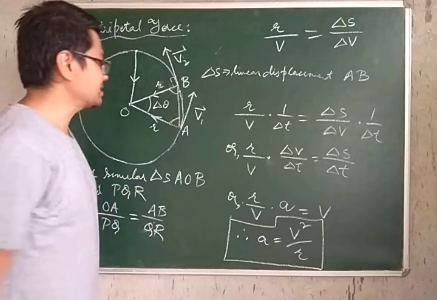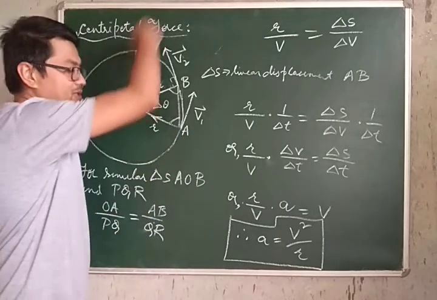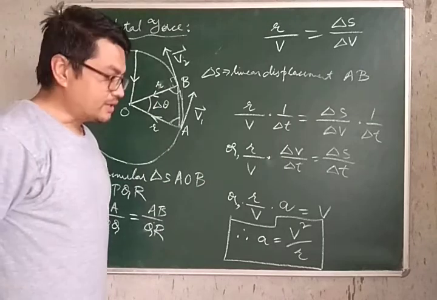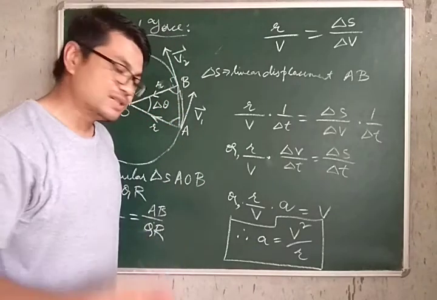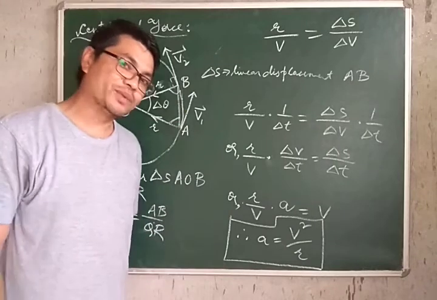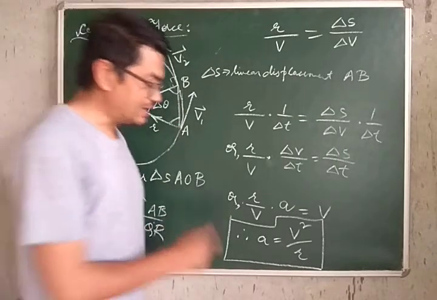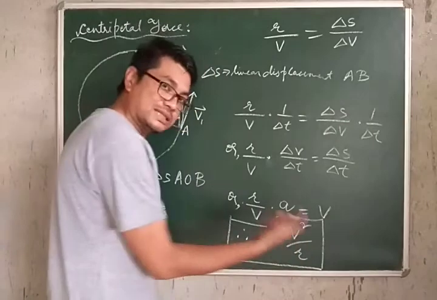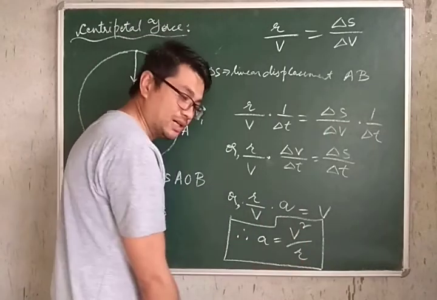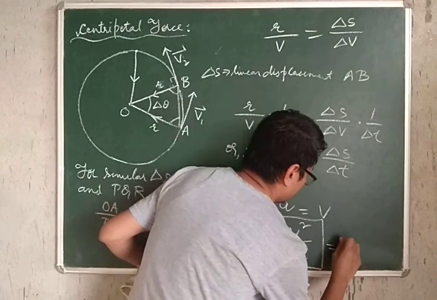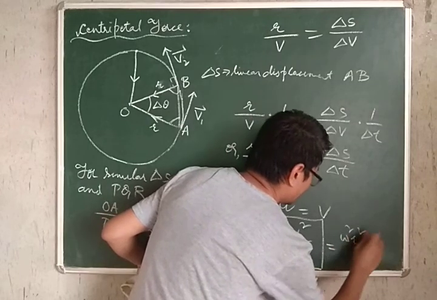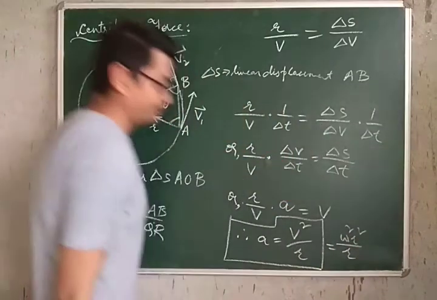Centripetal acceleration is always directed towards the center. Now if you want to write centripetal acceleration in terms of your angular velocity omega, we've seen yesterday that V is omega r. So you can substitute over here. This is equal to omega squared r squared divided by r.